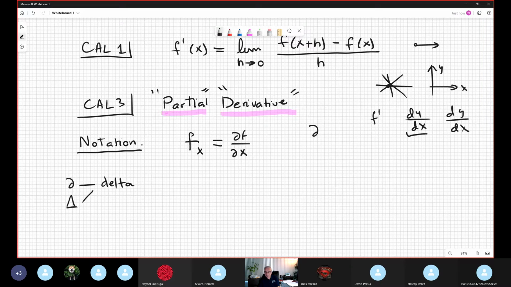Because dy/dx indicates an ordinary derivative. An ordinary derivative is when, in the chain rule, y depends only on x. But in this case, no. It's partial because maybe z depends on x or on y.